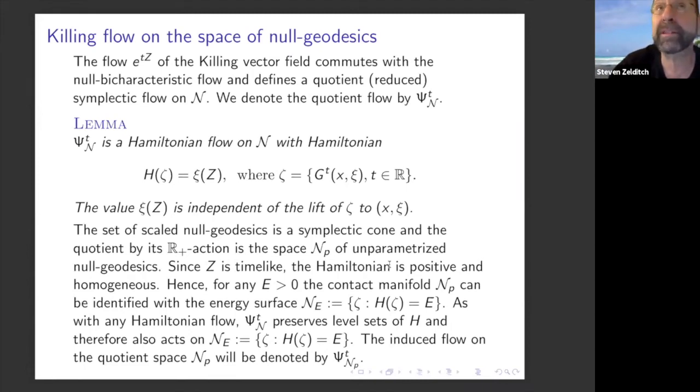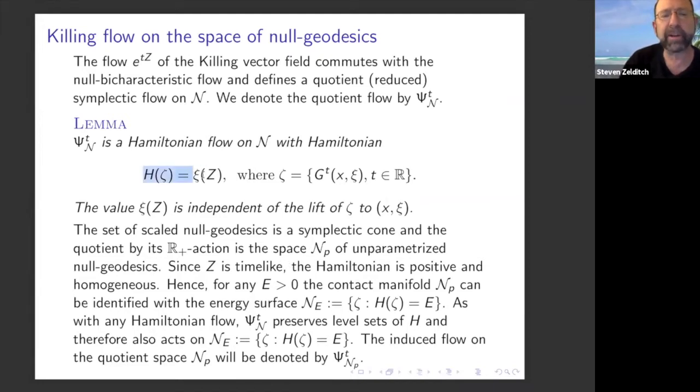That's been known since Hörmander or Maslov or whatever. So that controls the growth rate of eigenvalues, and it controls Duistermaat-Guillemin. So here we had to say, what's the controlling dynamical system that's going to be controlling the spectrum? So the answer is the Killing flow on the space of null geodesics.